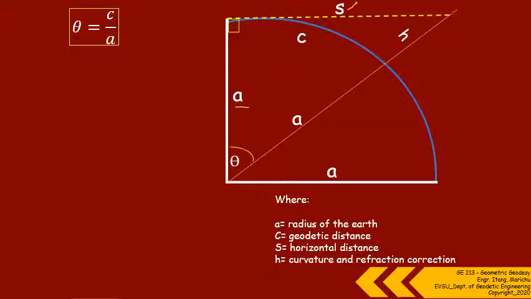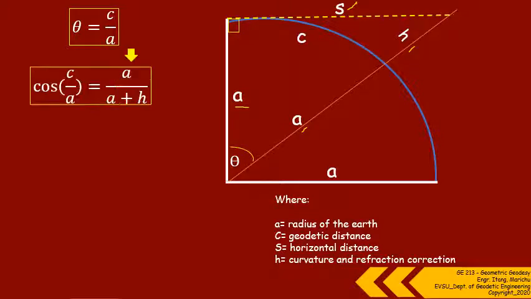And hypotenuse of that triangle is A plus H, diba? So, cosine ni theta, that is cosine C over A, yung theta natin, diba, is C over A, is equal to yung ating adjacent, which is A, over yung ating hypotenuse is A plus C. Nakikita nyo sa triangle? Okay.